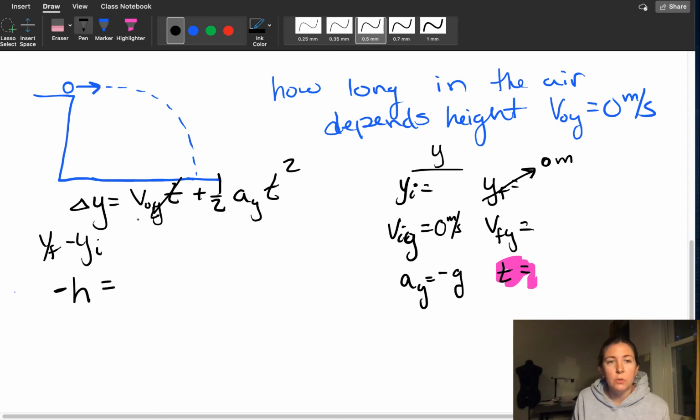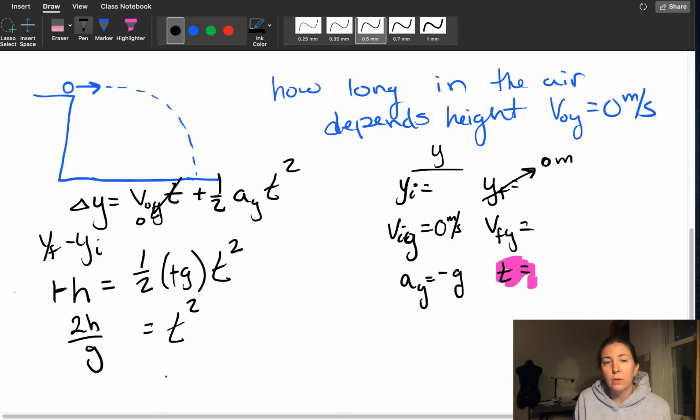This term goes to 0. So I'm just left with 1/2 a_y, which is negative g, times t squared. When I solve for the time, my negatives cancel, multiply by 2, divide by g. T squared is 2h over g, or the time is the square root of 2h over g.